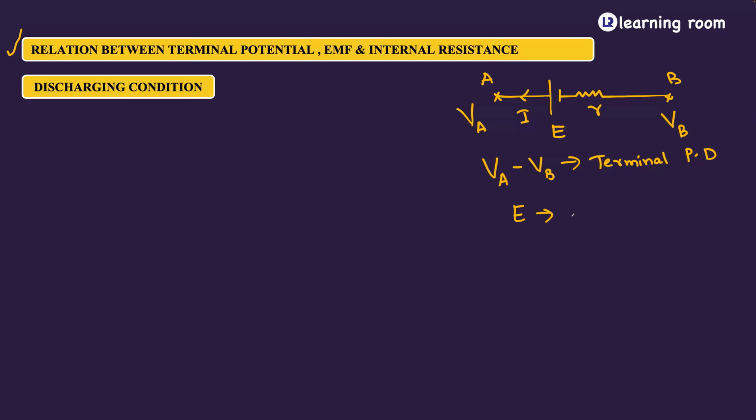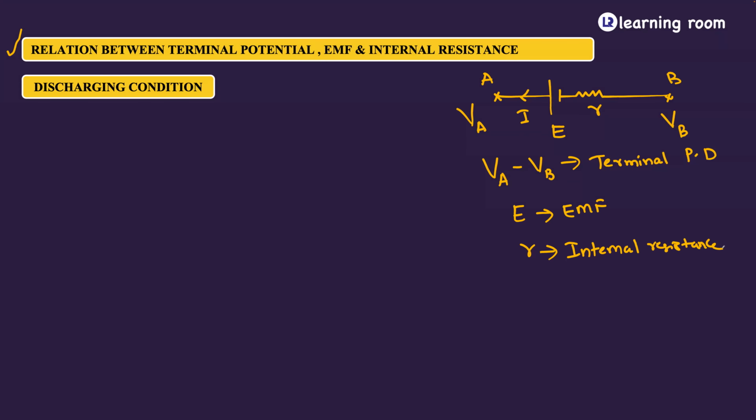E is called the EMF and R is called the internal resistance.